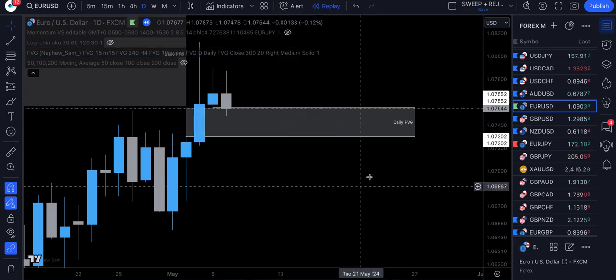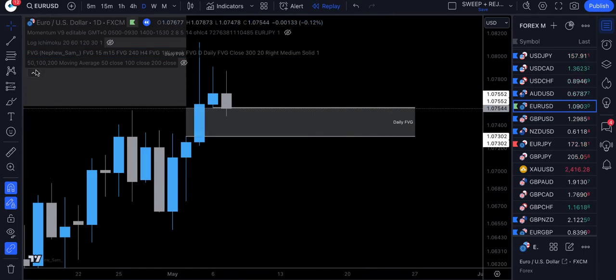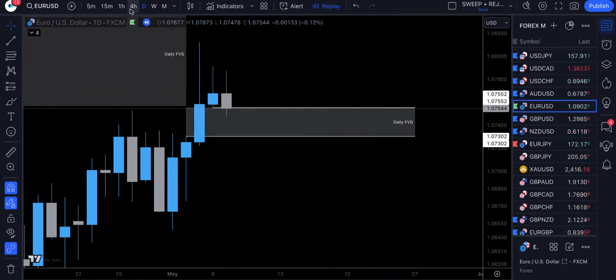Now that we've identified our daily fair value gap, we can pop onto the lower time frame. Essentially, this daily fair value gap signifies that the momentum is pushing to the upside. Therefore, we're looking for trend continuation plays only to the upside.